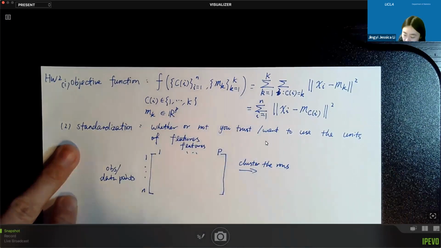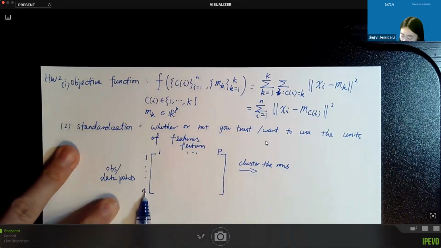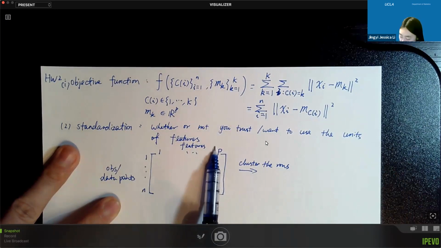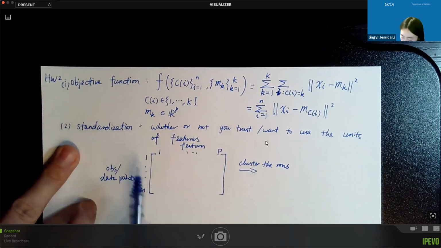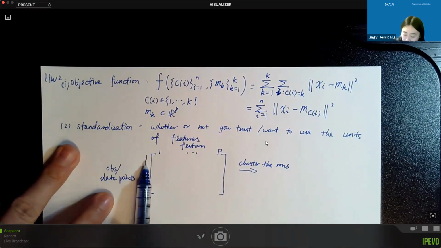So for example, in gene expression analysis, sometimes we know the housekeeping genes have, so let's say single cell gene expression data. So here we have N cells, okay? And we know that in the N cells, some of them belong to one cell type, some belong to another cell type.